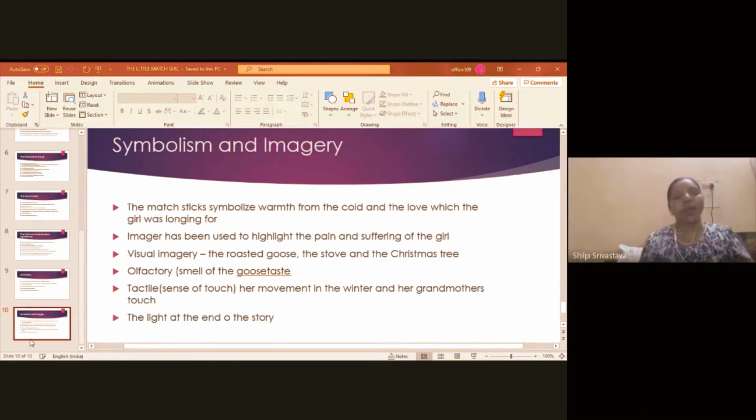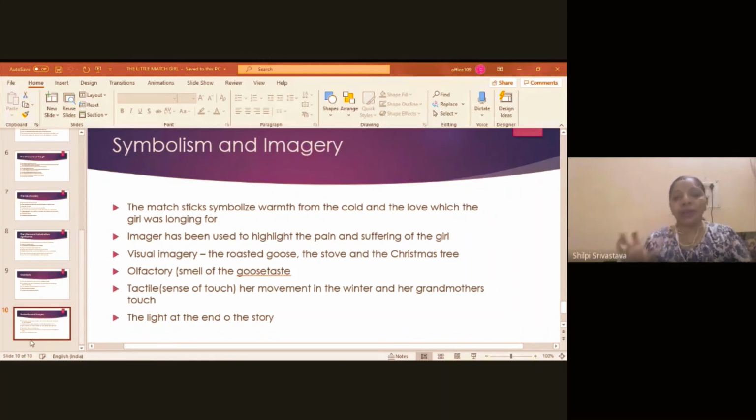Now, the last part is the symbolism and imagery. A lot of symbols have been used in the story, and lots of imagery has been used in the story. As I mentioned in the last slide, the imagery of the matchstick is not only keeping herself warm, but also giving her a ray of hope.